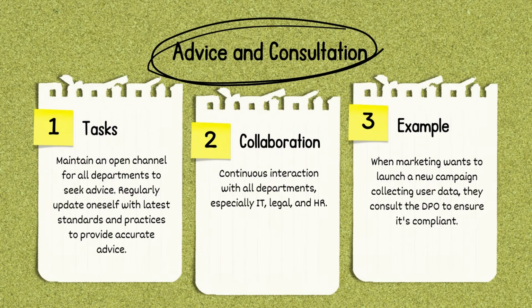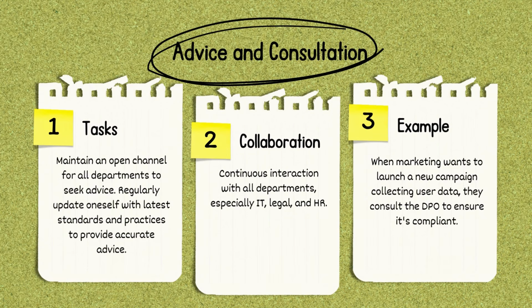Next, advice and consultation. As a DPO, you need to maintain an open channel for all departments to seek advice. Regularly update yourself with the latest standards and practices to provide accurate advice. Collaboration: continuous interaction with all the departments, especially IT, legal, and HR.